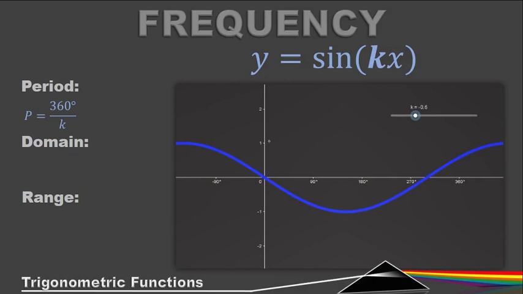The domain will also change. If our normal graph was from 0 to 360, and let's say our k value is 2, then the graph shrinks to half its domain.